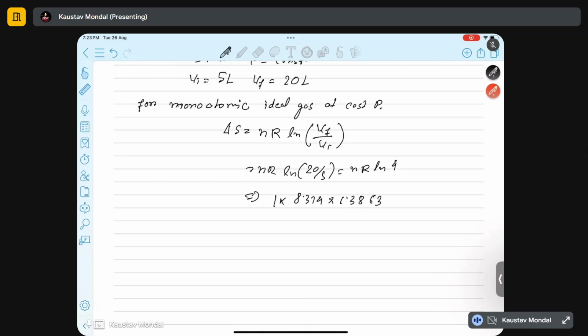If you calculate this, 8.314 into 1.3863, 11.534. I'm getting 11.52 joule per Kelvin.